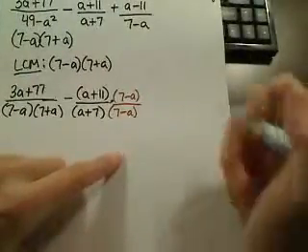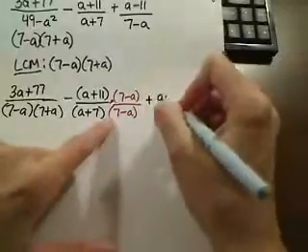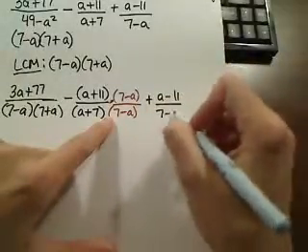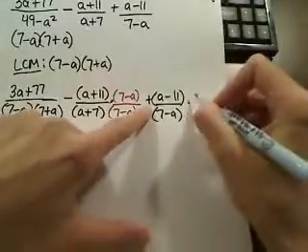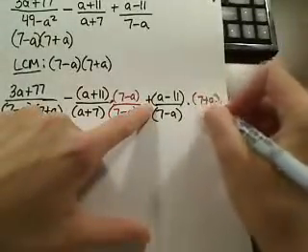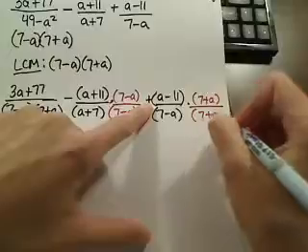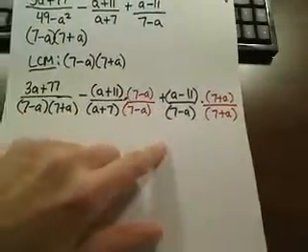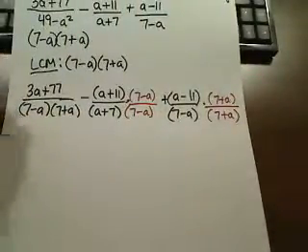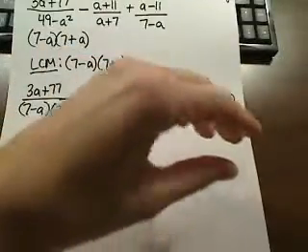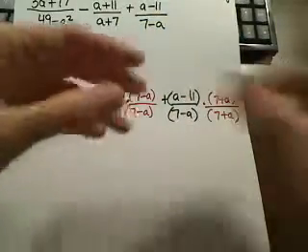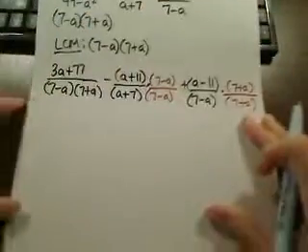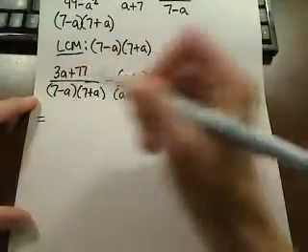Okay, and the third fraction is getting multiplied by the 7 plus a.